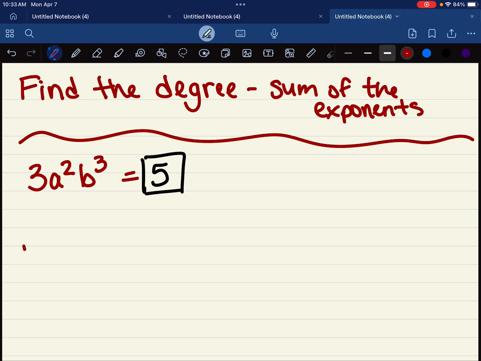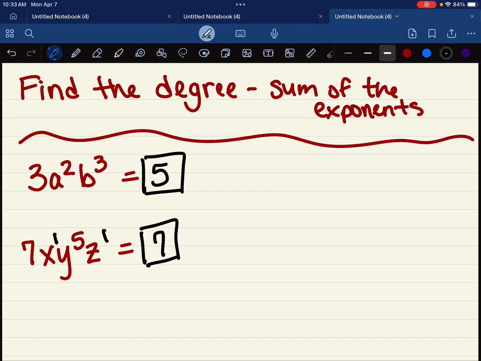Okay, what if I have 7xy to the 5th z? So if I'm adding all my exponents, which of these things have exponents that we don't see? X and z have an exponent of what? 1, right? So then I can add, what's 1 plus 5? 6, and 6 plus 1, 7.